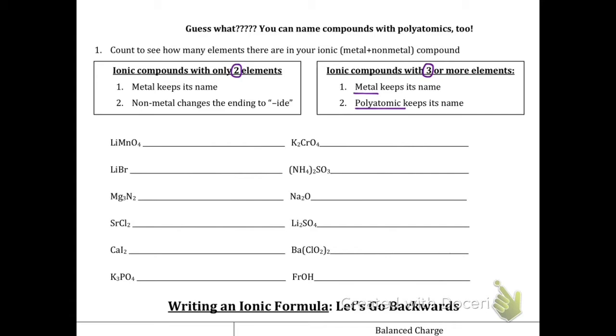So I'm going to go ahead and tell you that all of these examples down below have a metal and a non-metal, so you know they're ionic. But now we need to count. So here we have 1, 2, 3 capital letters. That means that there is a polyatomic. The first element here is lithium.